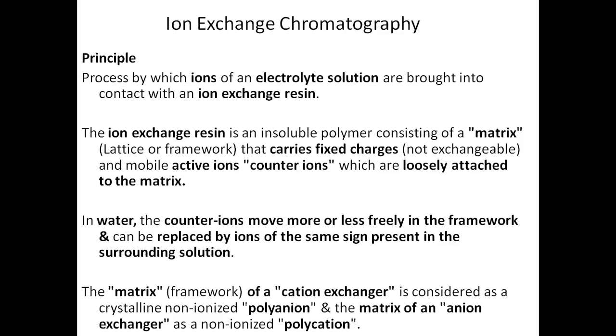So the matrix of a cation exchanger is considered as a crystalline non-ionized polyanion, and the matrix of an anion exchanger as a non-ionized polycation. As a result of this movement, the molecules get exchanged with the help of ion exchange chromatography.